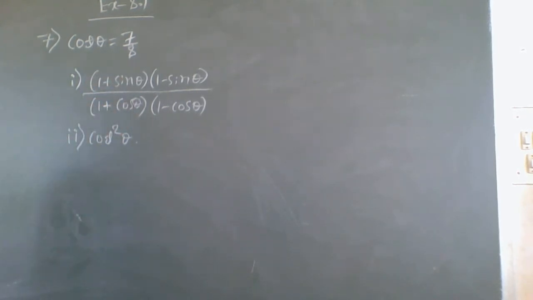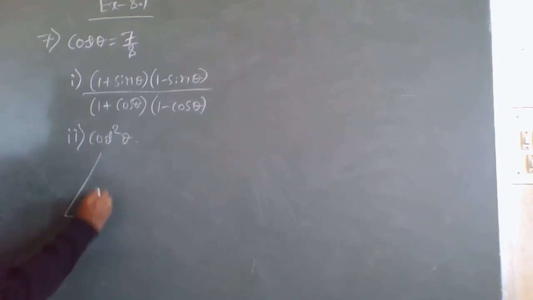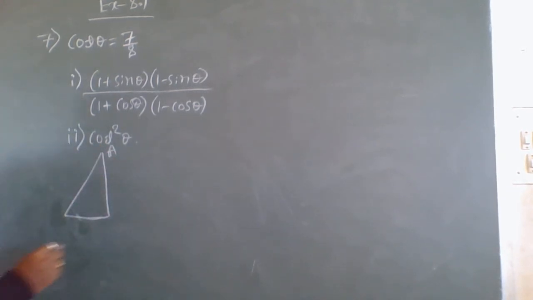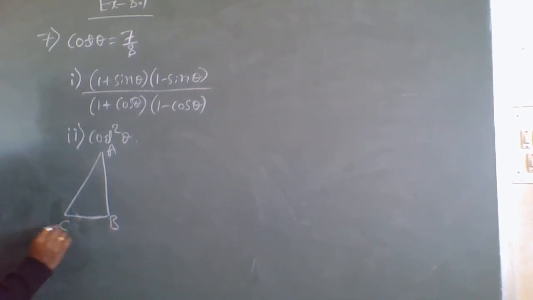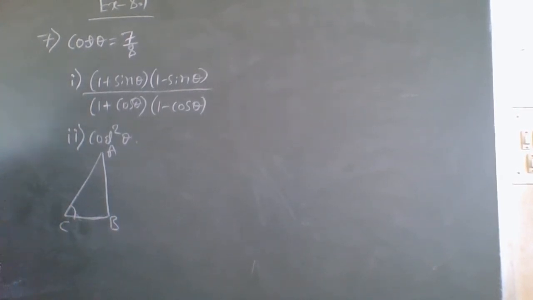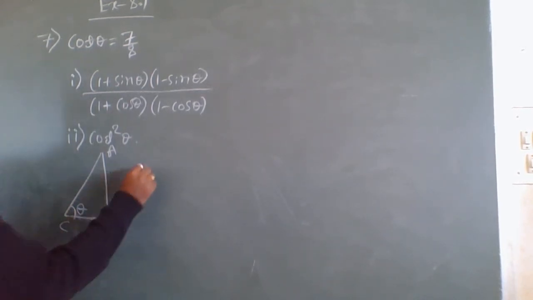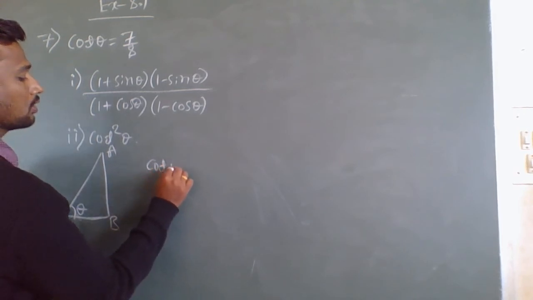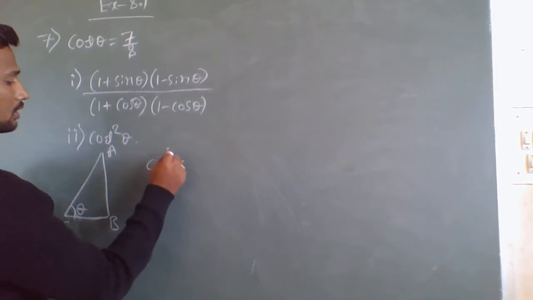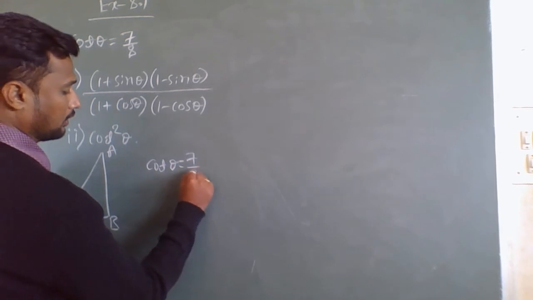And to get sin theta and cos theta value, we should get length of all the sides of the right angle triangle. So first I will consider one right angle triangle. This is A, B and C, and I will consider this angle as theta. So now cot theta is equals to, they are given 7 by 8.